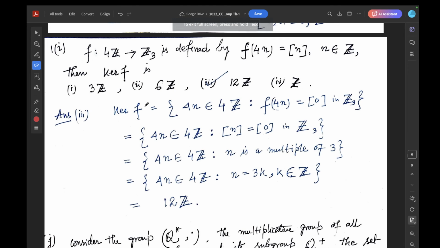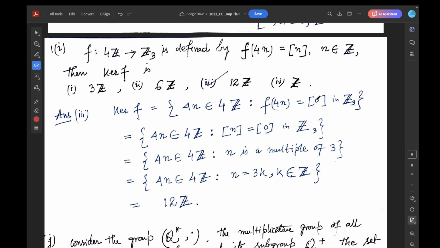Now, the kernel of F is the set of 4n belonging to 4Z, the domain set, such that F(4n) is the identity element in Z3, which is the class 0.